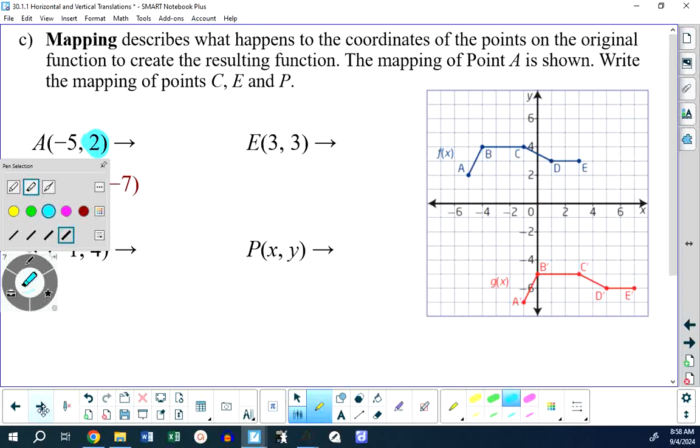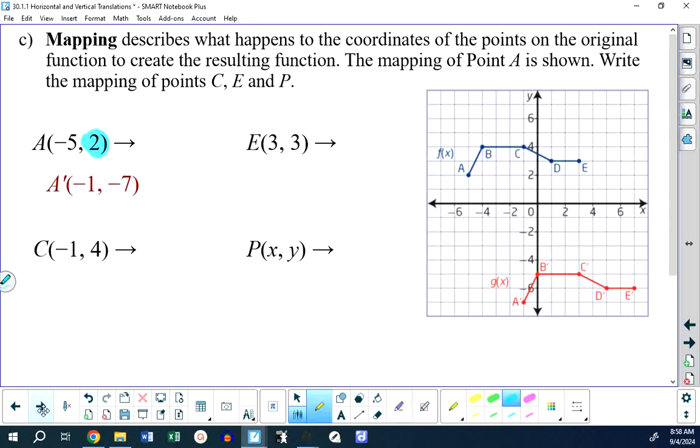So it's going to be affected by the vertical translation. And if I shift something that's at a height of 2 down 9, it's going to be at negative 7. So to complete the mapping here for just a couple of points I picked, we can either look at the grid. So for example, when I look at C prime, it's at 3 comma negative 5.